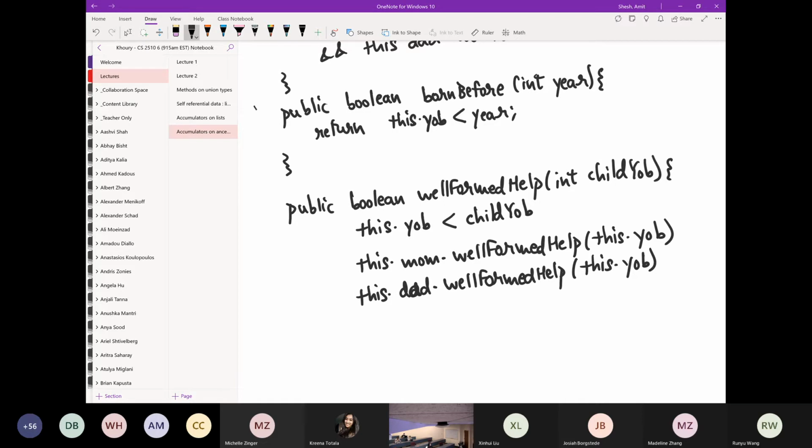And so I'm well formed if I am born before my child and my mom's tree is well formed and my dad's tree is well formed. And so the answer to this is simply if all of these happen to be true, then that's the case.